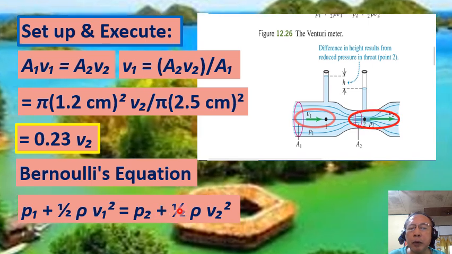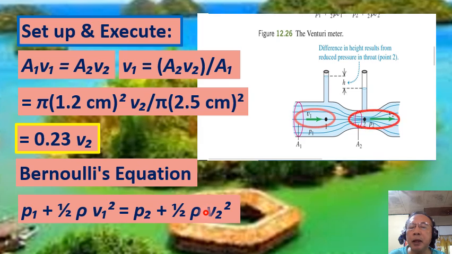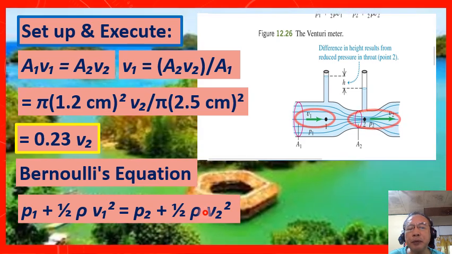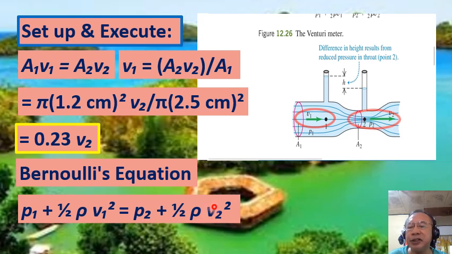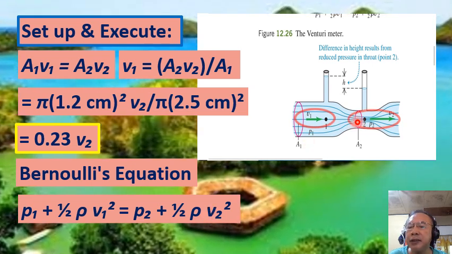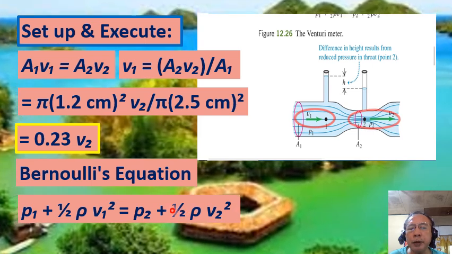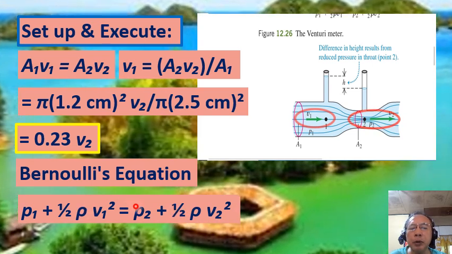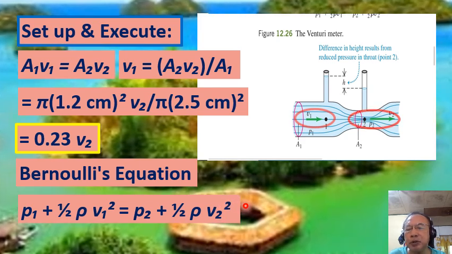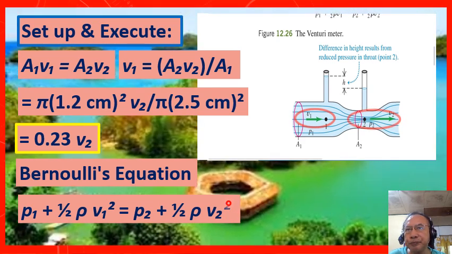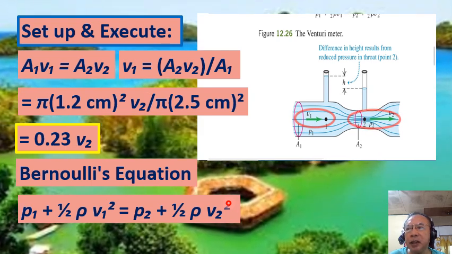So 1 half density times V sub 2 squared also refers to the pressure that is associated with the change in kinetic energy of the water as it passes through point 2, right? So you will notice that there is no portion in this equation that is associated with the change in the pressure due to change in height.